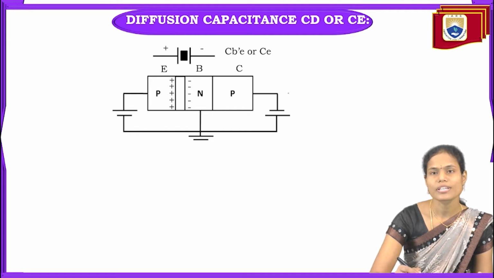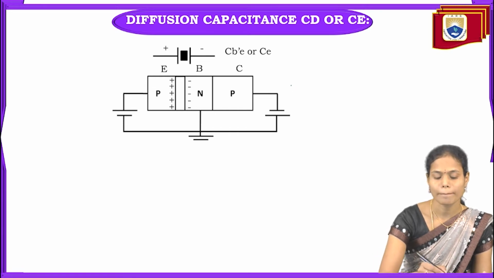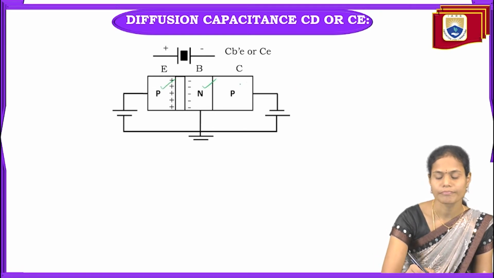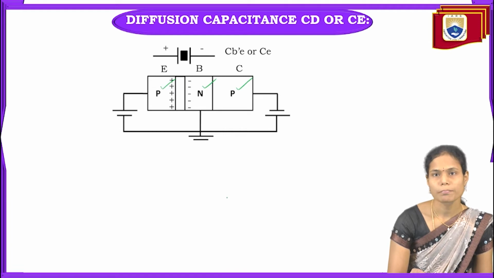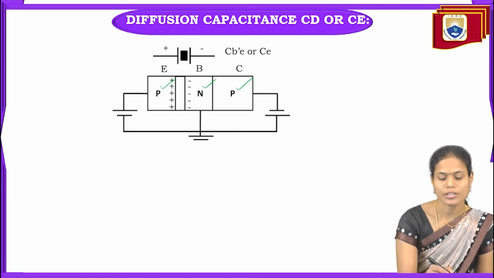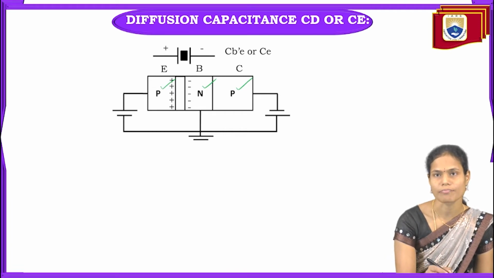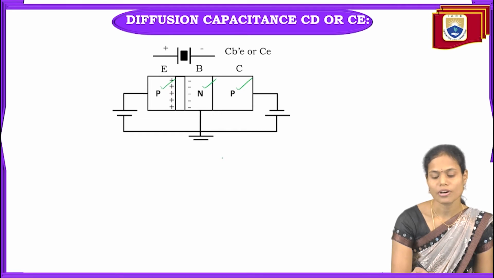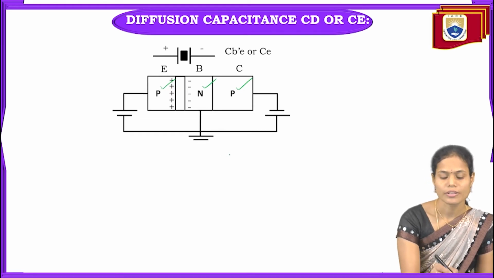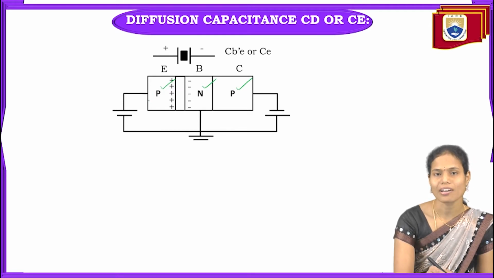So we can represent this diffusion capacitance in the transistor. For that purpose, I am considering the PNP transistor here. This PNP transistor is now in forward biased condition. P is nothing but positive, and its majority carriers are holes.